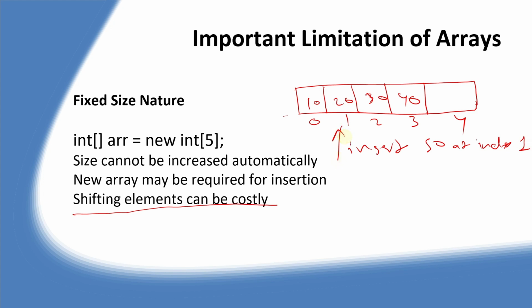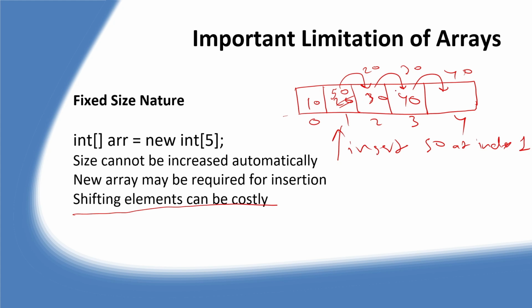Here I want to insert one more value, 50. In that case, what I will do? I need to shift every value to one right position. So 20 will come here, 30 will come here, 40 will come here. And this will become vacant. So here I will insert 50.